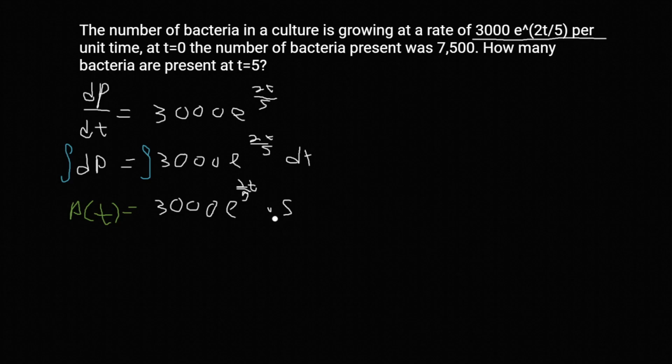So it's times 5/2. And then I'll clean this up, saying 5/2 of 3000 is 7500. So I don't have the random 5/2 out the back. So 7500 e to the 2t over 5.